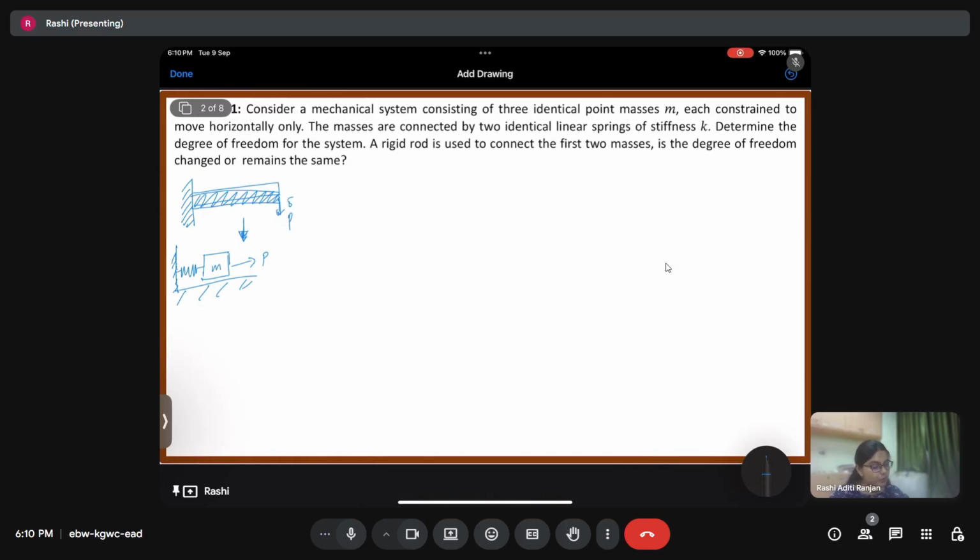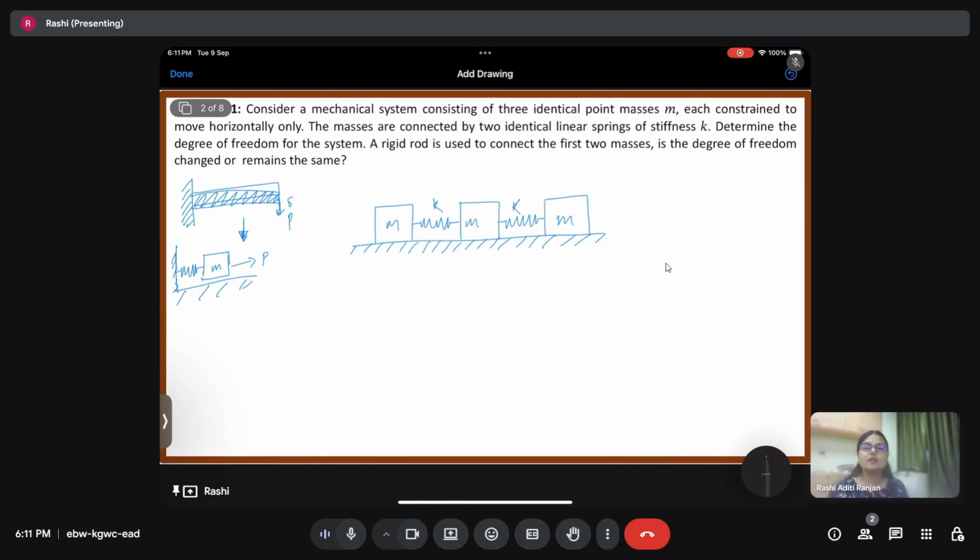The masses are connected by 2 identical linear springs of stiffness K. So we have 3 masses, one, two, and three, each of mass M, identical, and 2 springs of stiffness K. Determine the degree of freedom for the system.